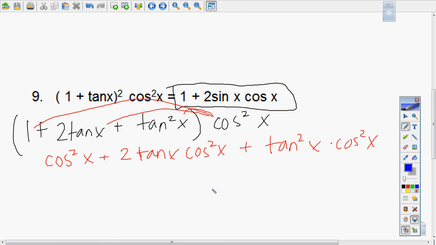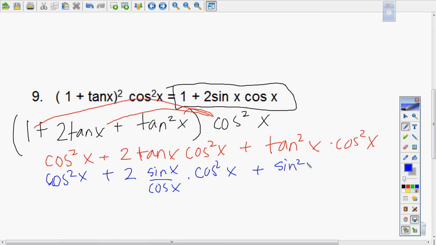So, next thing is you want to put everything in terms of sine and cosine. Well, cosine is already itself. Tan is going to become sine over cosine. And tan squared is going to become sine squared over cosine squared.